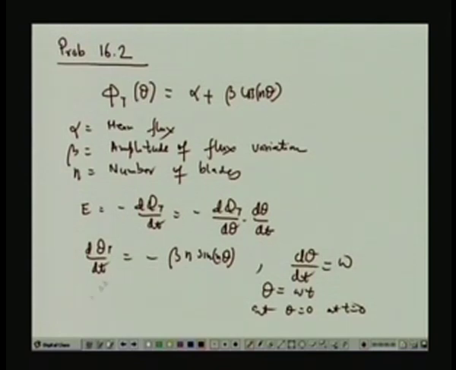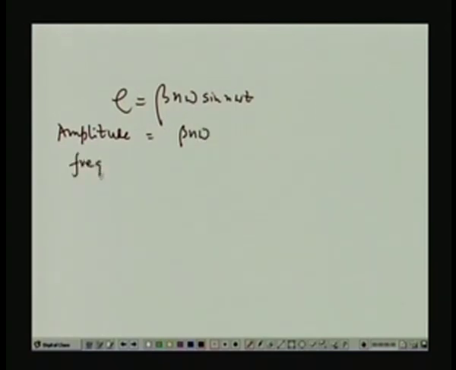Now we can write that E equals beta n omega sin(n omega t). So the amplitude of this signal is beta n omega, and the frequency is equal to n omega by 2 pi, linear frequency, not circular frequency.